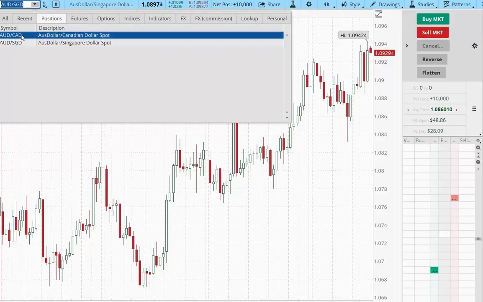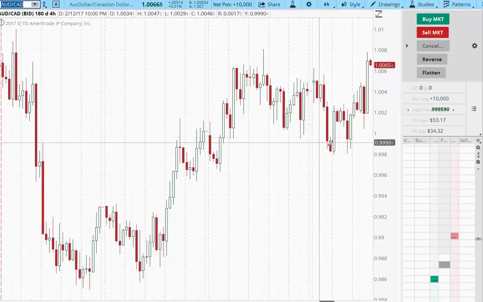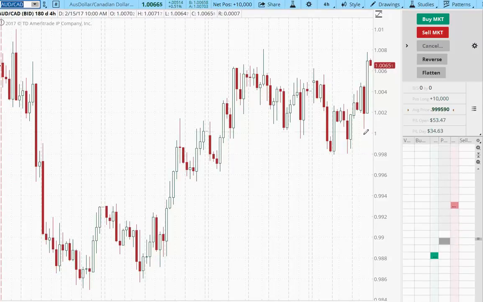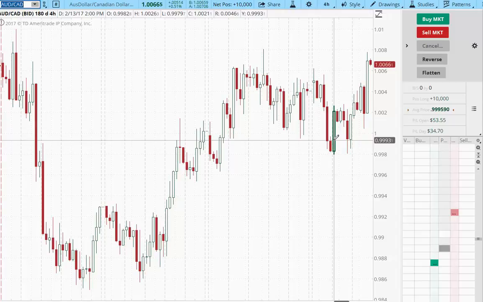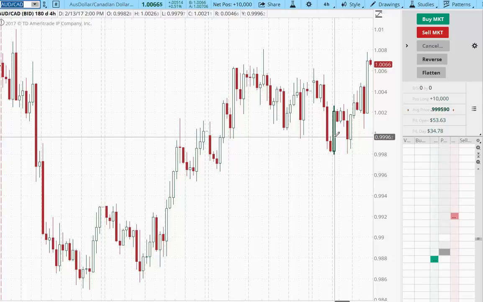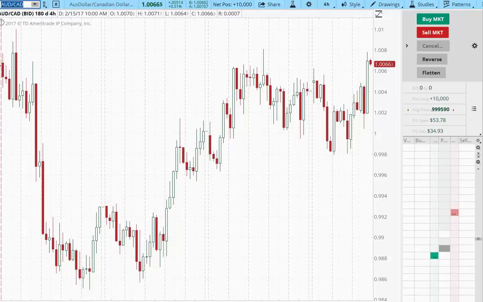There we go. So these are 2 we've done in the last couple of days. So where do we have our buy here? 999.59, which would have been about here. Still, not bad. So this would have been our entry signal, and away we go.